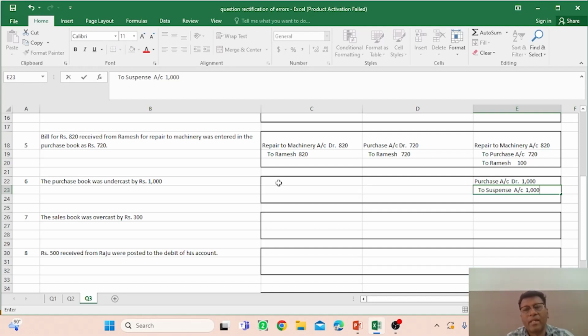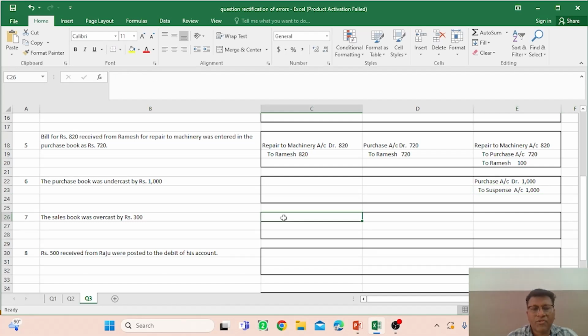After locating the error, the suspense account would be adjusted in the books of accounting. But right now you have to make this rectifying entry using the suspense account. Because the purchase book should have the balance on the debit side by rupees 1000, you fill the suspense account on the credit side with rupees 1000.